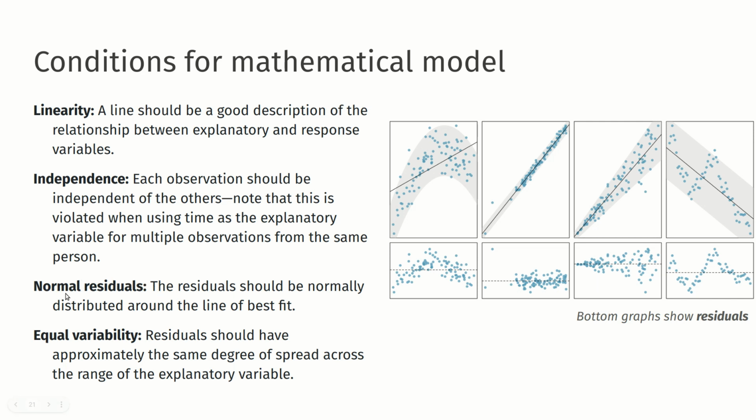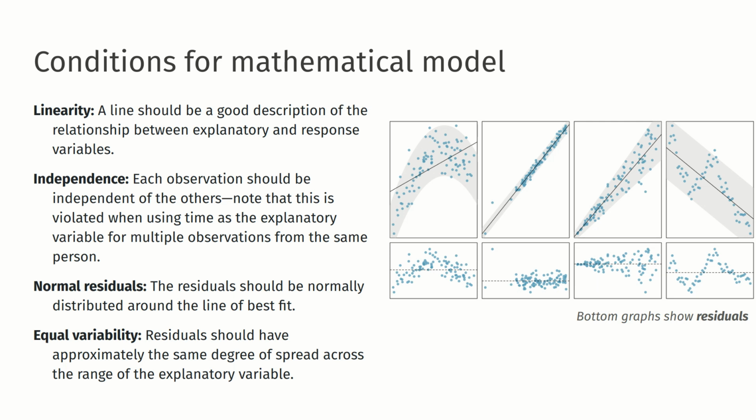Another condition is what we call normal residuals. In other words, the residuals should be distributed around the line of best fit in a roughly normal shaped way. There shouldn't be some extreme values that the line fails to fit.